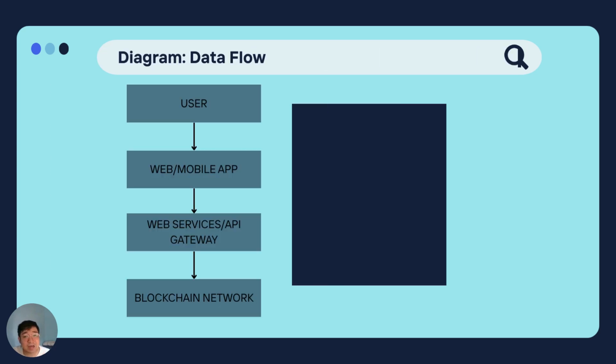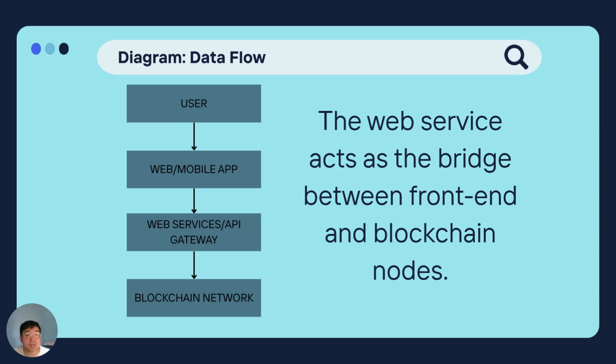So let's visualize this process. The flow starts with the user who interacts through a web or mobile application. The request goes to a web service or an API gateway, which processes and forwards it to the blockchain network.